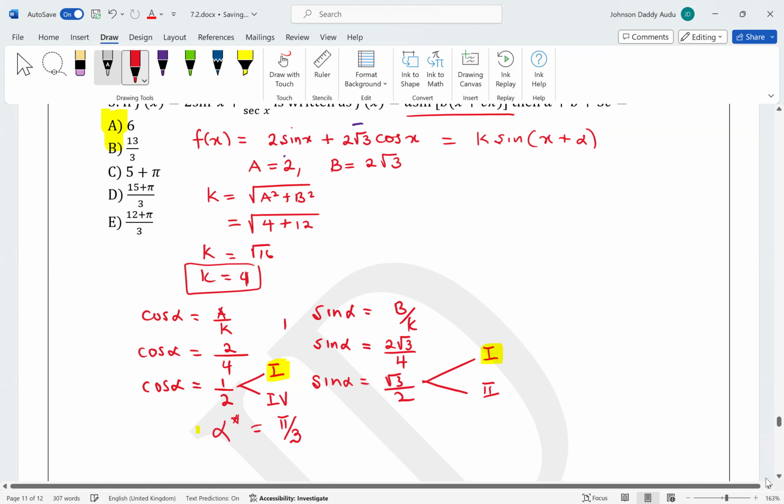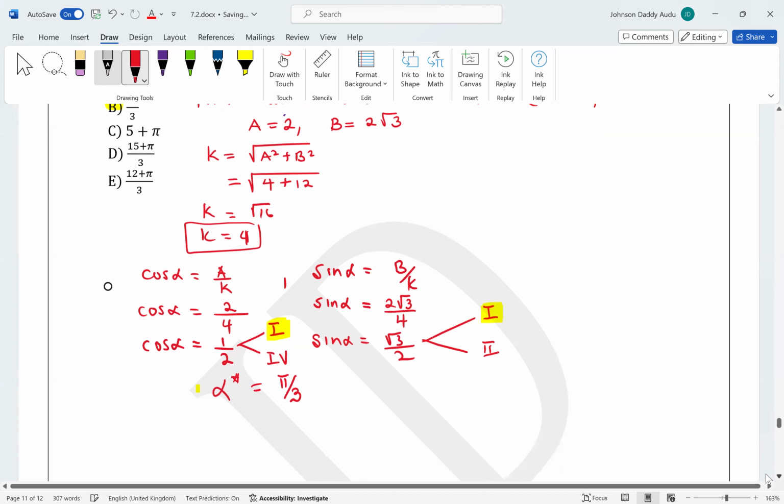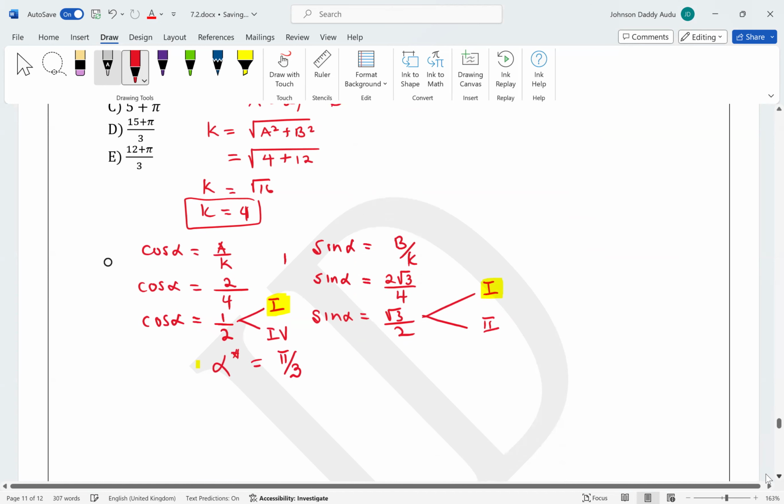Cosine 60 degrees is 1/2, and sine 60 degrees is root 3 over 2. But you can see that we are in the first quadrant, yes? So since we are in the first quadrant, in quadrant 1, we know that alpha is the same thing as alpha star. So our alpha is actually pi over 3.